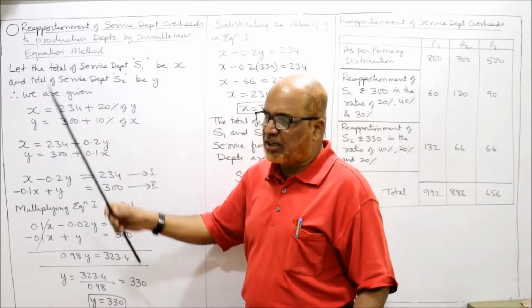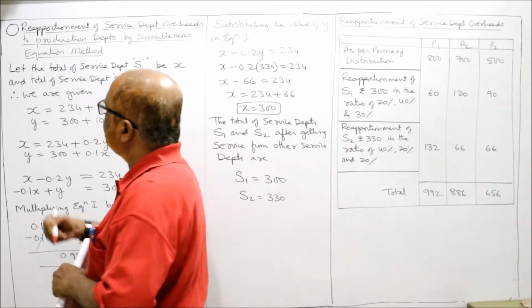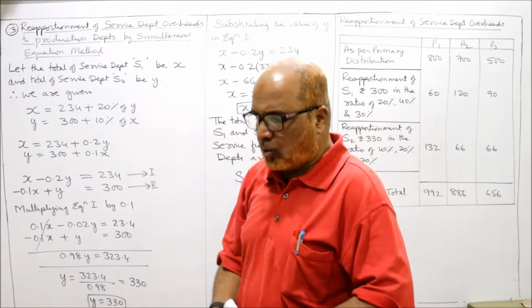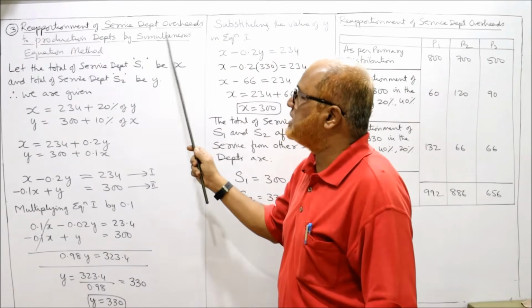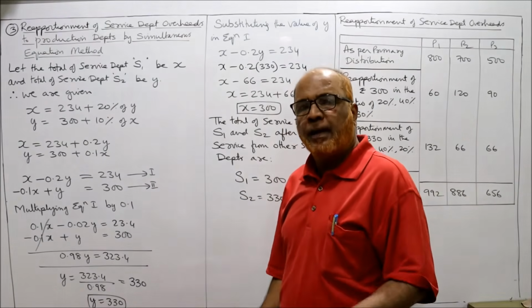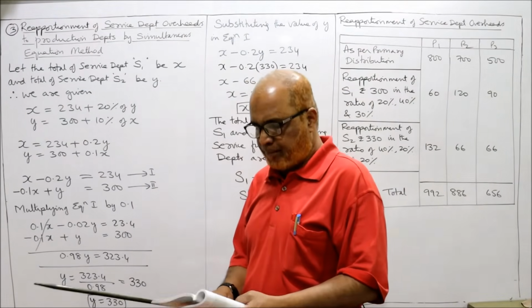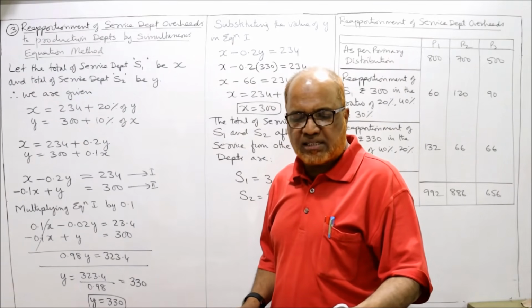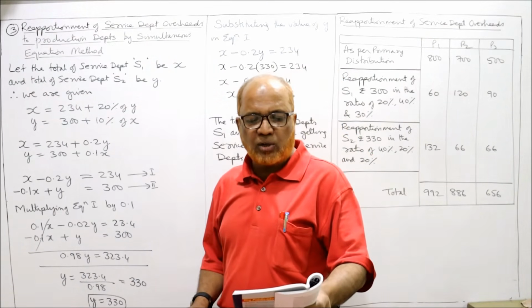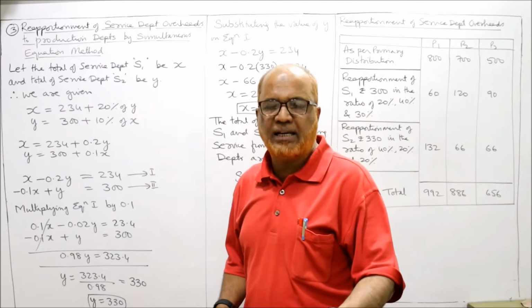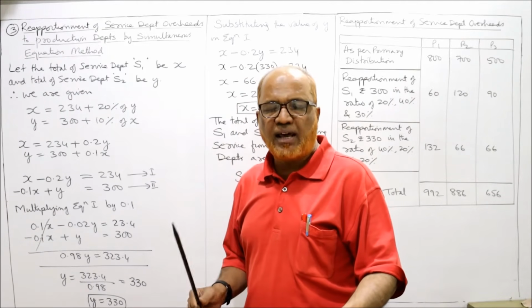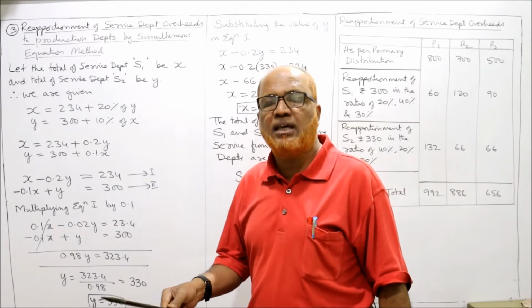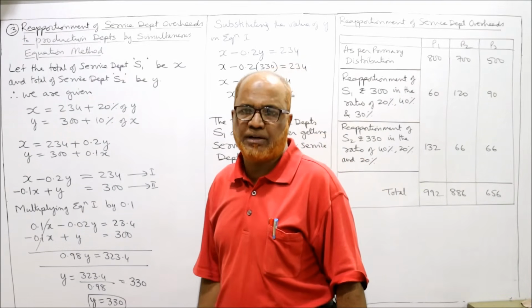Now see here, same third problem. Problem number 3, I am continuing it. Reapportionment of service department overheads to production departments by the simultaneous equation method. Now see carefully, it's a mathematical method. It is given that P1, P2, P3 totals are 800, 700, 500 and S1 total is 234, S2 total is 300. These S1 and S2 totals of 234 and 300 are before taking the service from the other service department.